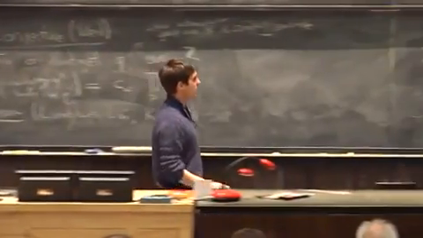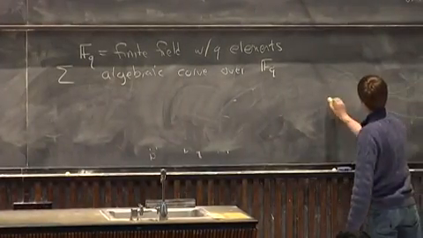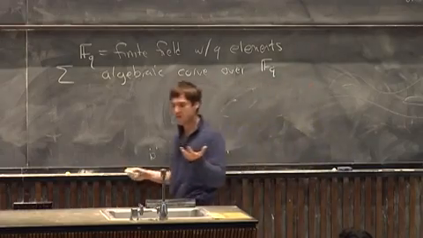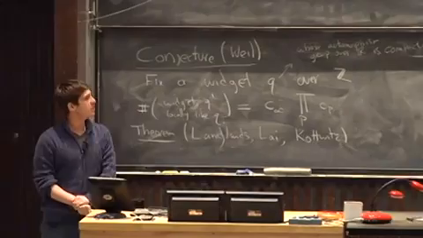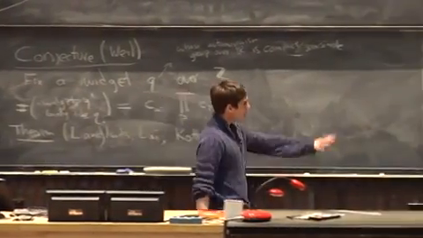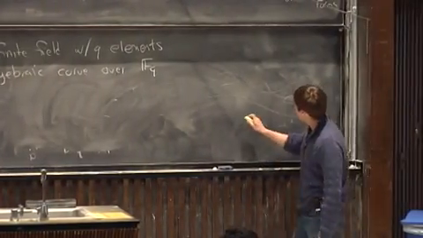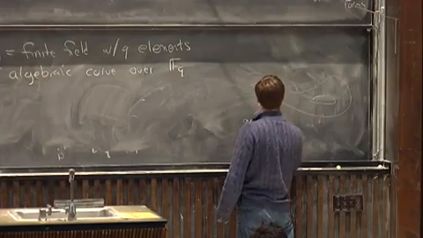So let me draw you a picture. You should think of sigma like it's some kind of a Riemann surface, because if instead of working over the field F_q, I was working over the field of complex numbers, a one-dimensional algebraic variety would look like a Riemann surface. And this gives you good intuition in general. So an algebraic curve has a well-defined genus, so let me call that genus g.